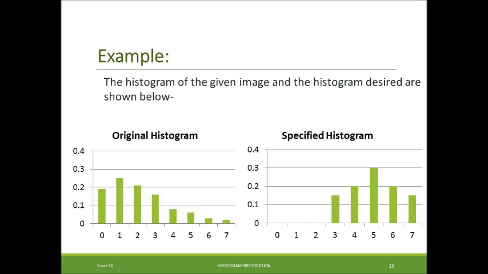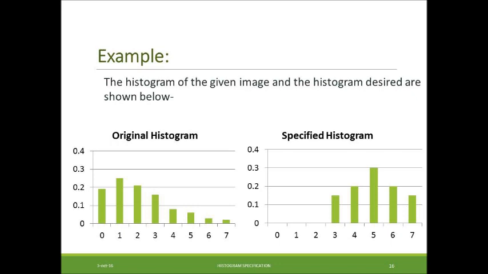To make the math more clear, let me introduce an example. The histogram of the given image and the histogram of the desired image are shown below. Here, two histograms are given.